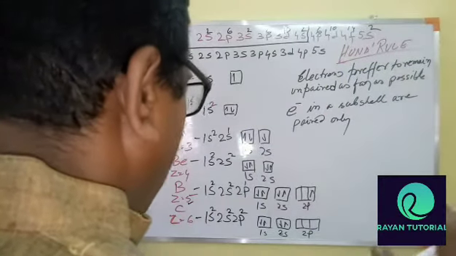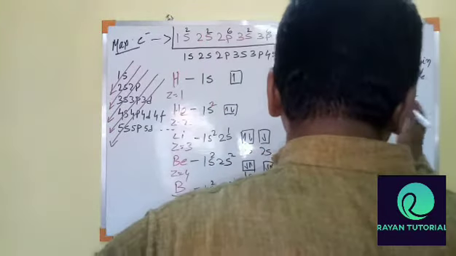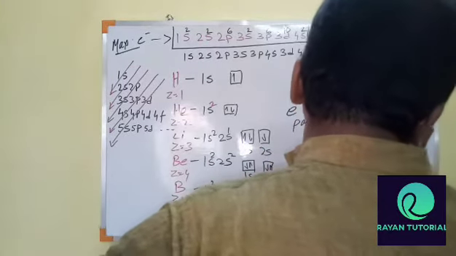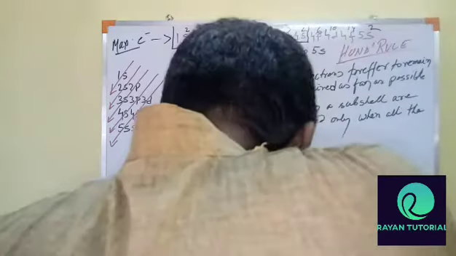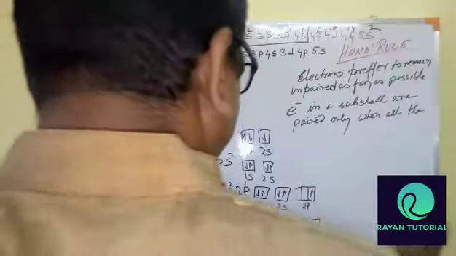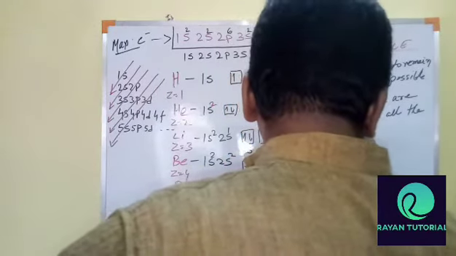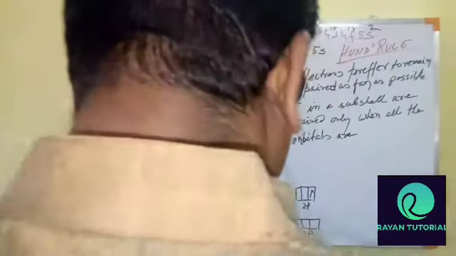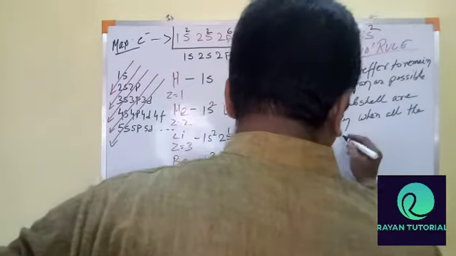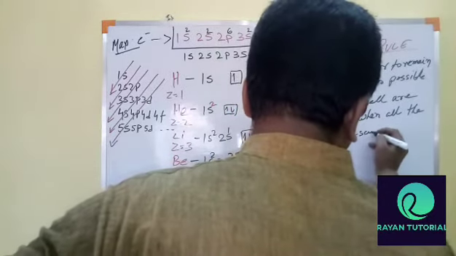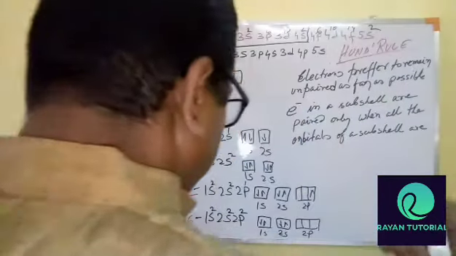Electrons in a subshell are paired only when all the orbitals are filled. All the orbitals of a subshell are filled with parallel spin.